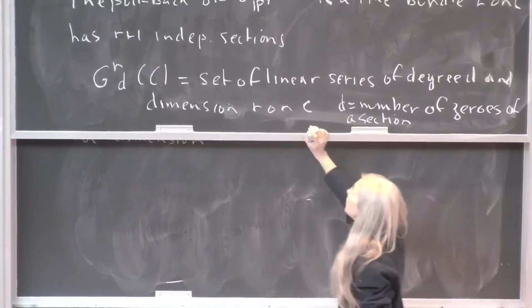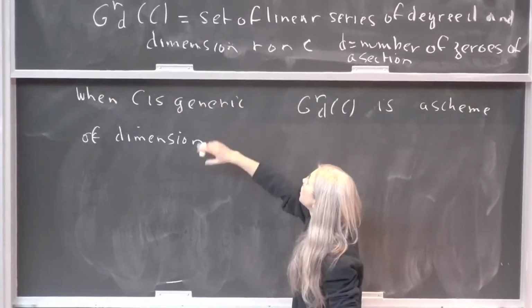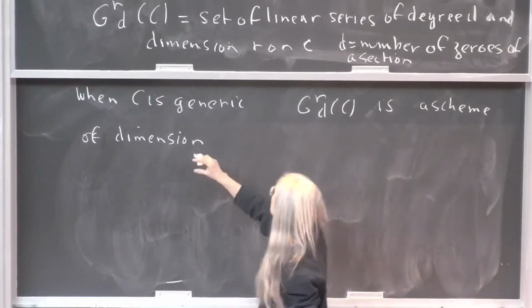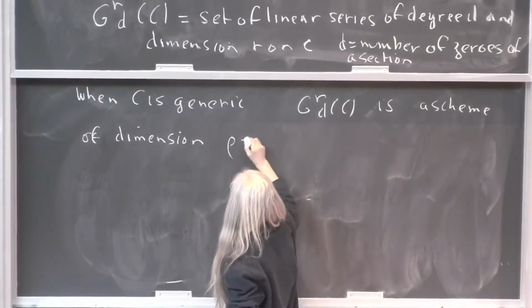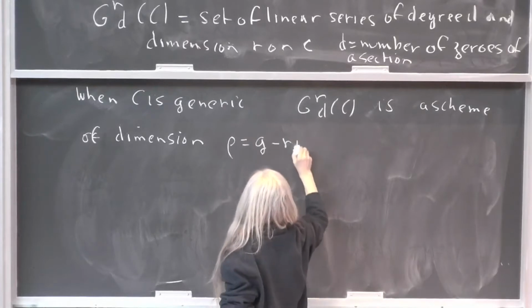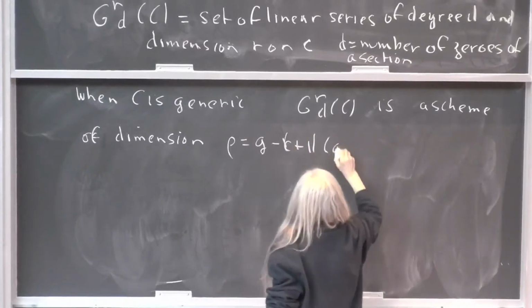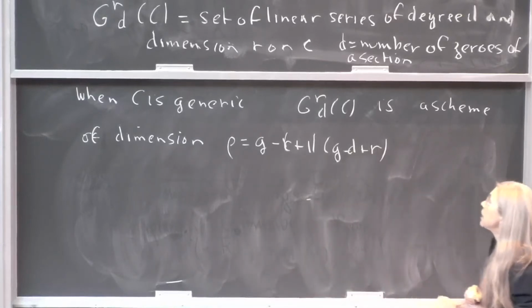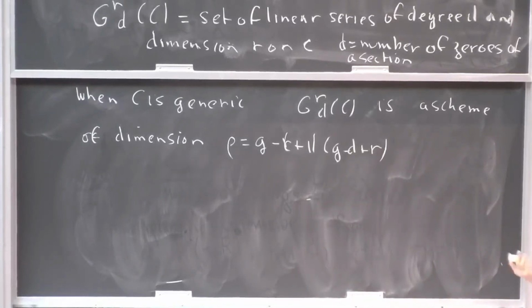All right, so now let's look at the set of all the G^r_d's. Let's assume that C is generic, and then you get a scheme of dimension rho, which is g minus (r+1)(g minus d plus r). That means that if this number is less than 0, the locus is empty.